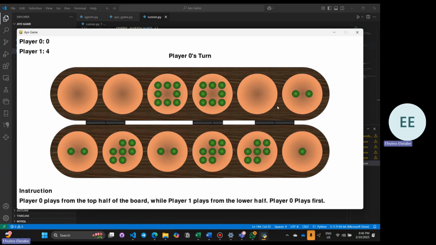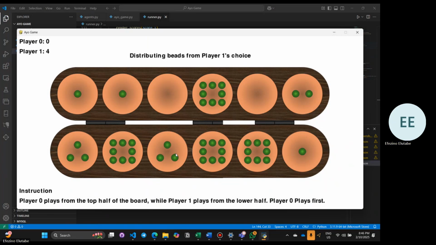And now it's player A's turn. So that way they can continue playing the game. So player A can play from here and distributes the bits until it stops. So he stopped at 2, that's why he's distributing again. And now he stopped at 1, right?